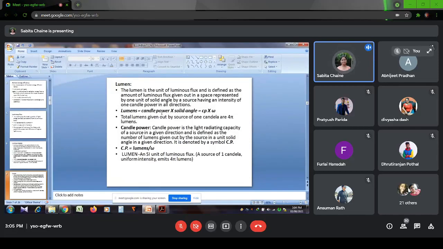That means in all directions, omega is equal to 4 pi. So the total lumen given out by a source of 1 candela is 4 pi lumen.